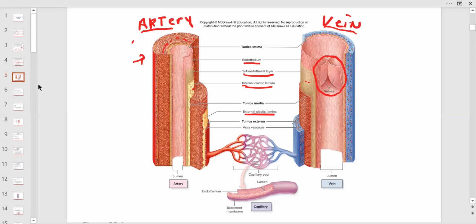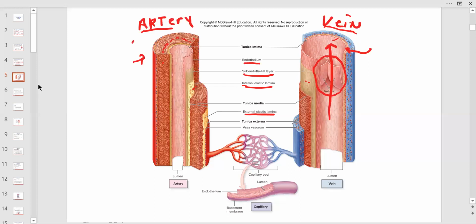And of course, these blood vessels are getting their own vasa vasorum to keep them contracting. So this is smooth muscle. You don't see a lot of that in veins, right? They have to rely on valves to keep that blood moving in the correct direction, back to the right atrium, right? The arteries don't have to worry about that.